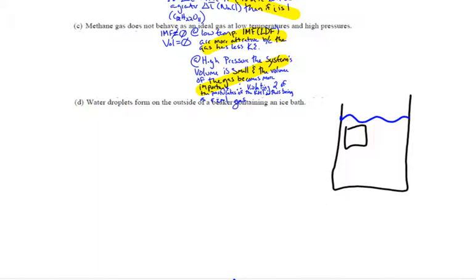Last one. Water droplets form on the outside of a beaker containing an ice bag. So this, I live in the South. I live in Virginia, in case you are watching this online. And in Virginia, specifically in the summer, when we get a glass of sweet tea, it comes in a mason jar and it never fails.